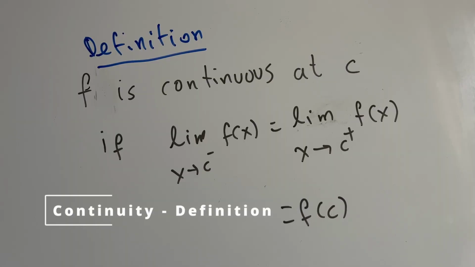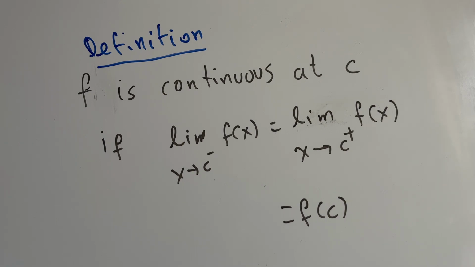In that case, we say that the function is continuous at the point c. So we have the following definition. A function f is continuous at a point c if the left limit of f of x when x tends to c from the left equals the right limit of f of x when x tends to c from the right, and that is equal to the value of f evaluated at the point c.